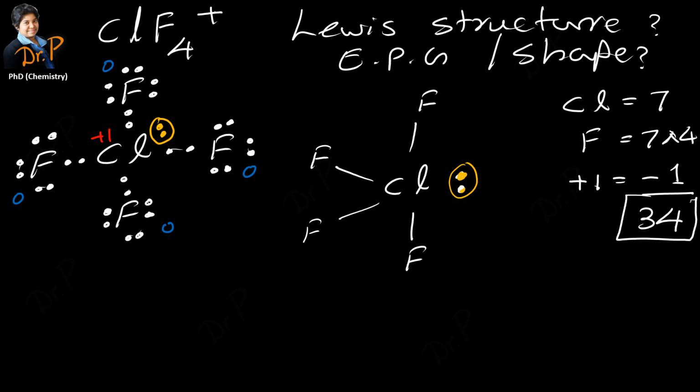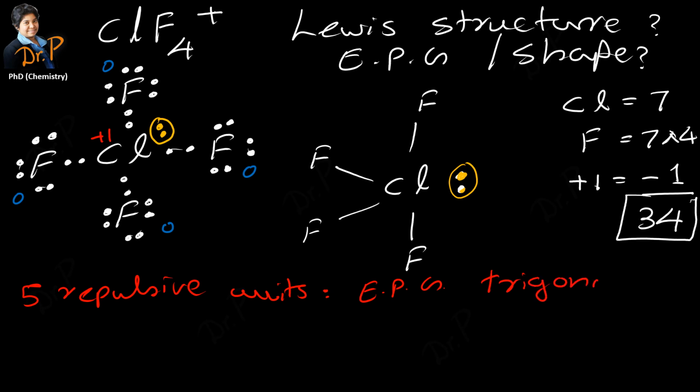You have 5 repulsive units, meaning your electron pair geometry is going to be trigonal bipyramidal. That's your electron pair geometry.